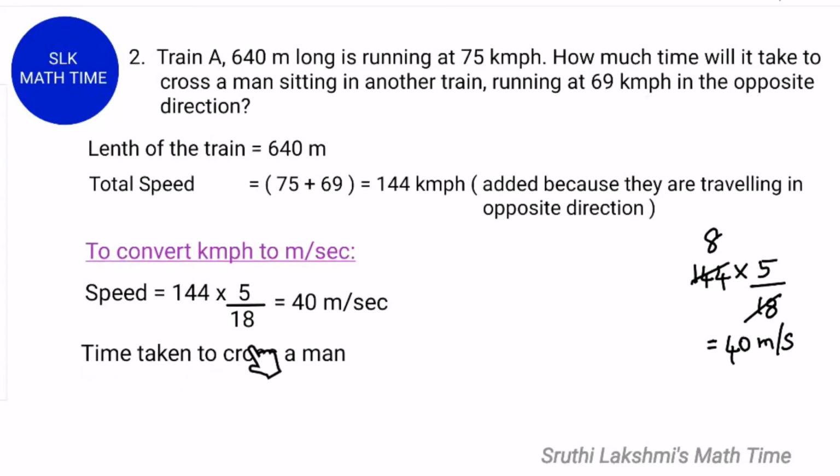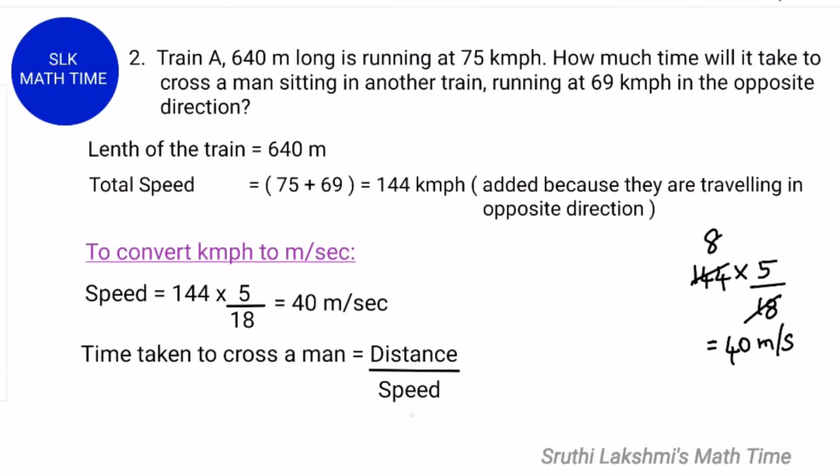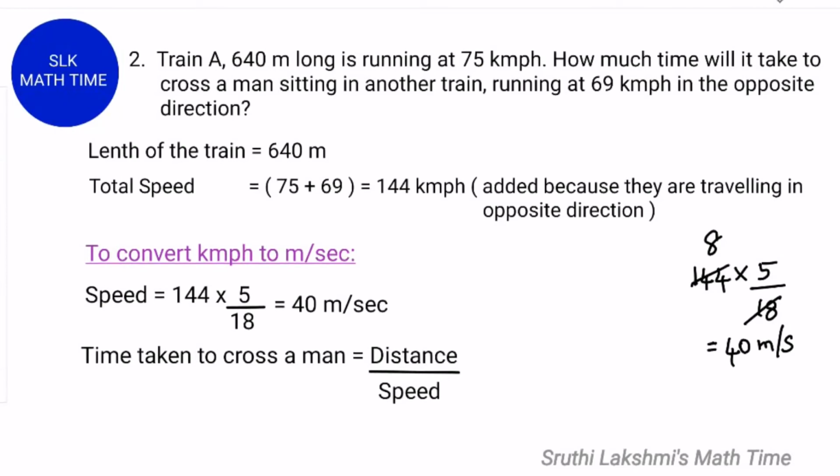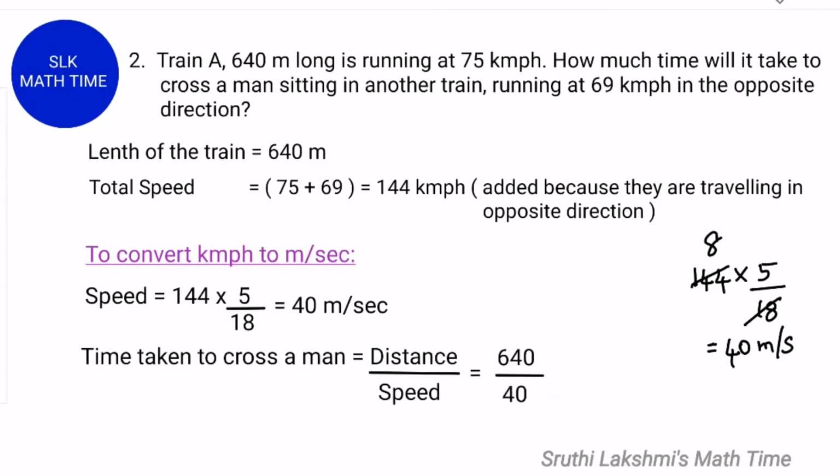So the time taken to cross a man is distance divided by speed. The distance is the length of the train, which is 640 meters, divided by the speed, which is 40 meters per second.